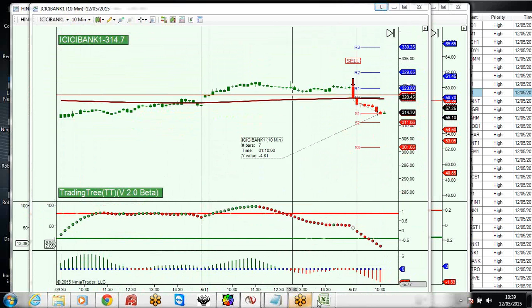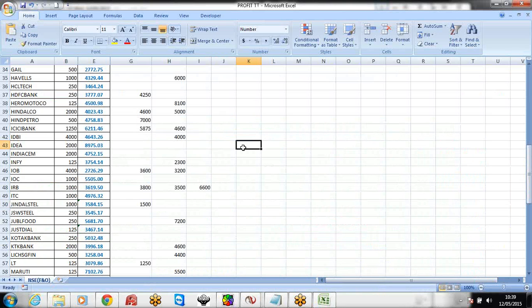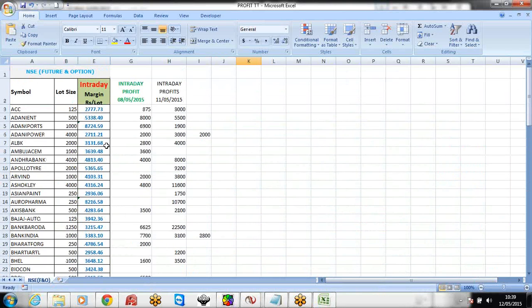See, we are a sub-broker for a Bhopal-based company. They offer very good intraday margins. These are the margins for intraday, provided you square off all the trades before 3:20. Usually we don't trade till 3:20.